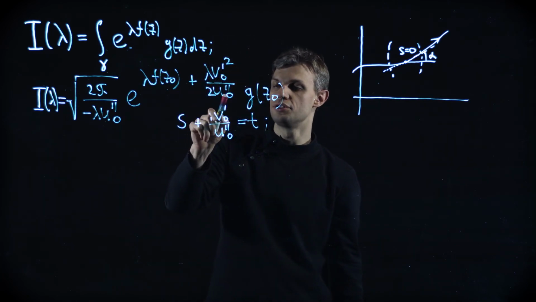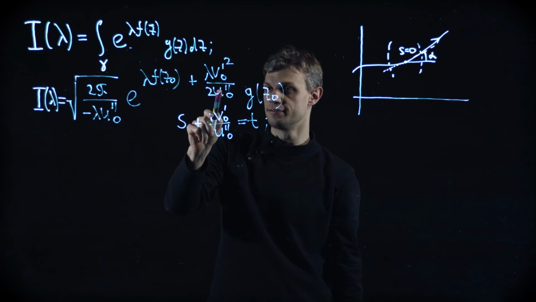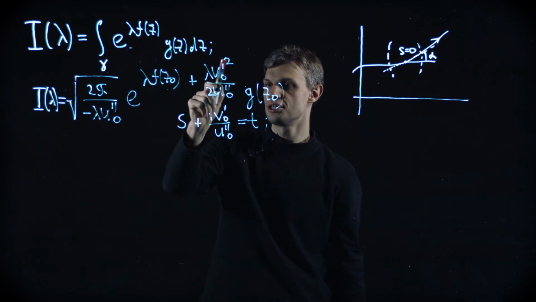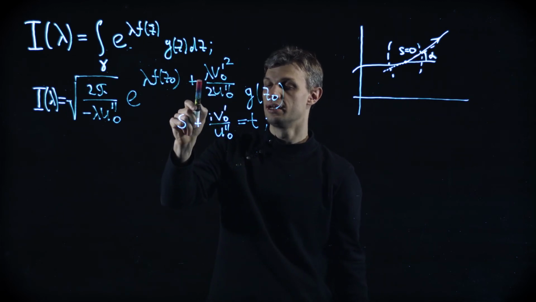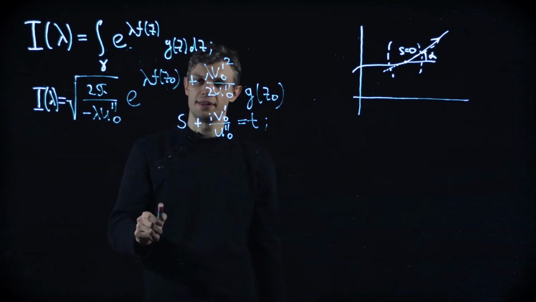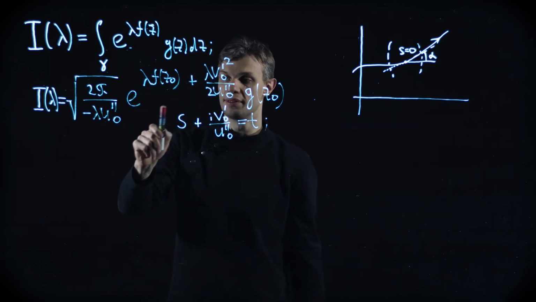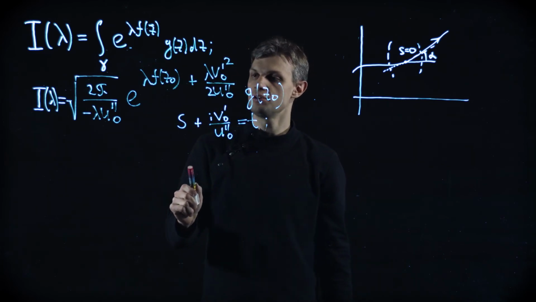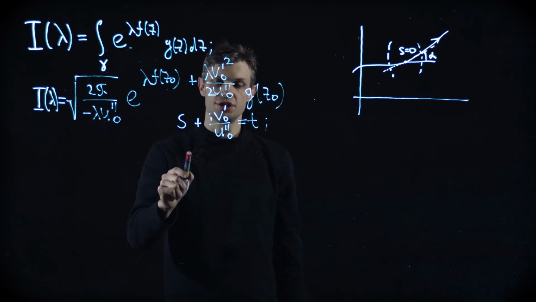And u prime prime naught, as you remember, is negative. So this is a hugely diminishing contribution because it's a big negative exponent, which is kind of weird because we would expect only the dominating term to appear.